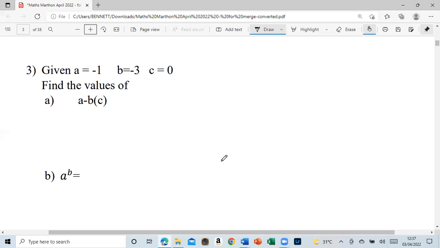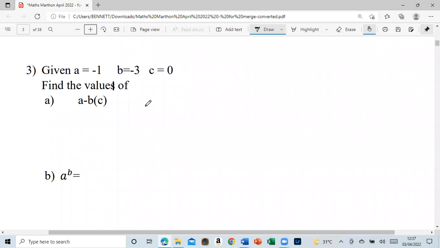All right, it says given A is equal to -1, B equal to -3, C equal to 0, find the value of A minus B times C. Sir, is it -1?